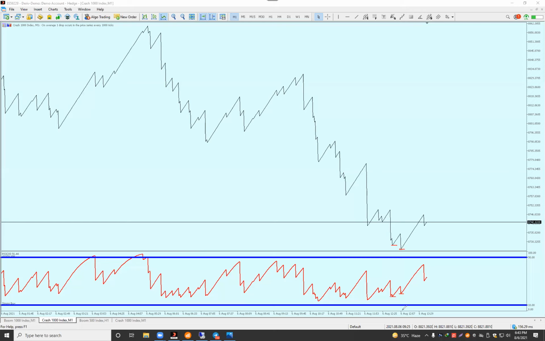Yes, there is. Yes, sir. The price makes a new low, right? And the RSI makes a higher low, right? Yes, sir. So if we draw the lines, do you see this difference?